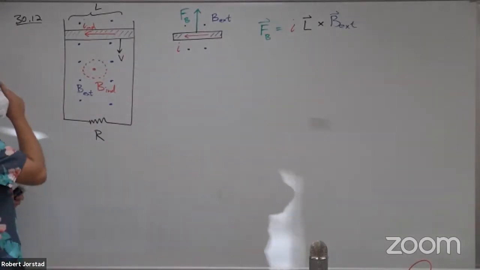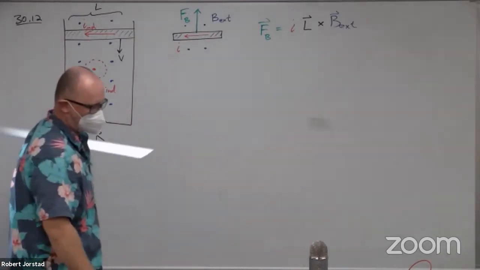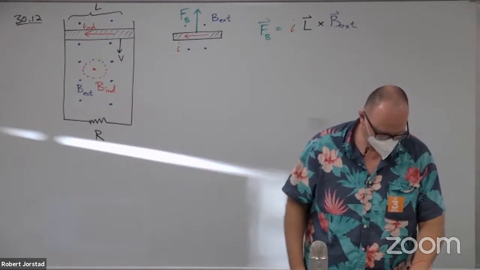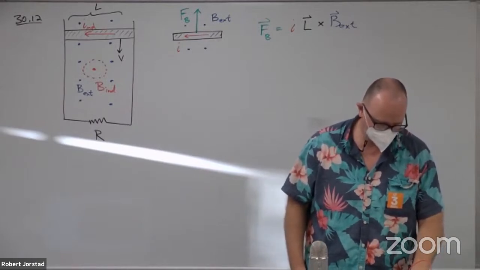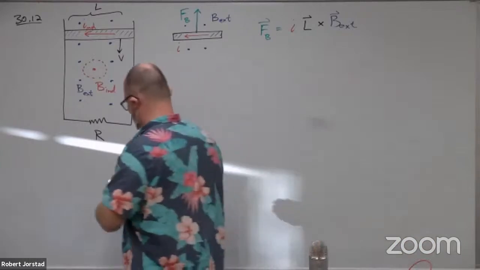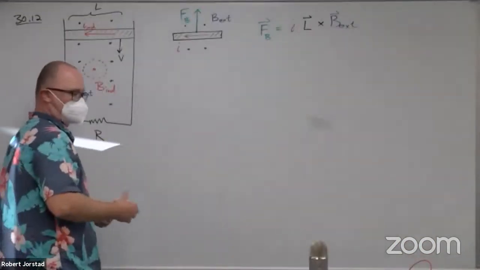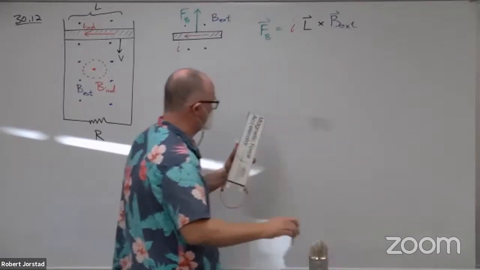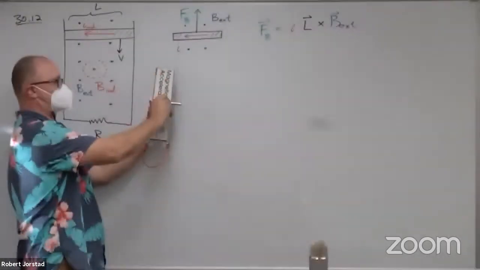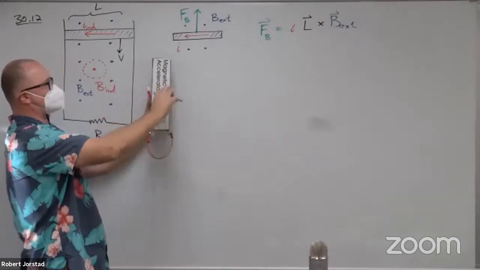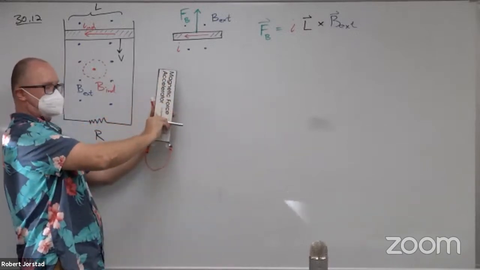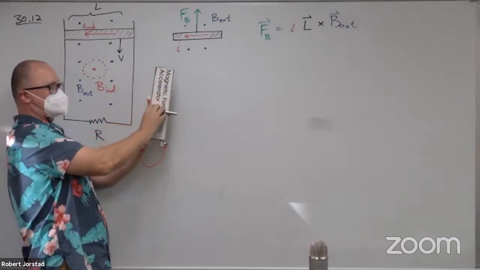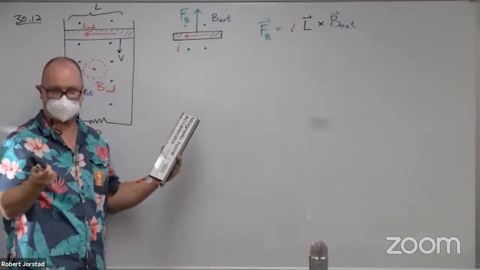All right. What are we supposed to do in this problem? Oh, it's going to hit terminal velocity. So the claim is, as this rod falls, if these rails are long enough, do you agree it's going to get faster and faster?